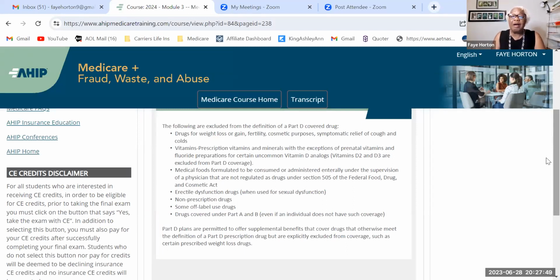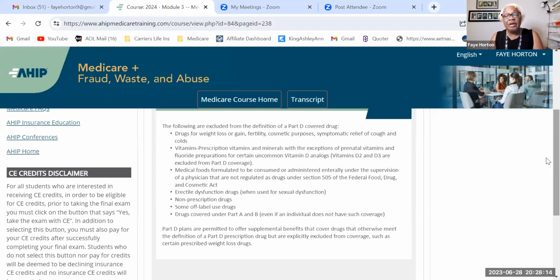Those drugs include drugs for weight loss or gain, fertility, cosmetic purposes, symptomatic relief of cough and colds, vitamins, prescription vitamins, and minerals, with the exception of prenatal vitamins and fluoride preparations, and certain uncommon vitamin D analogs.